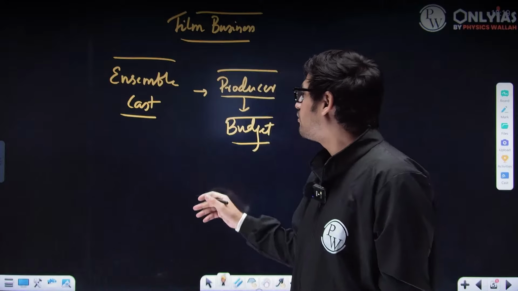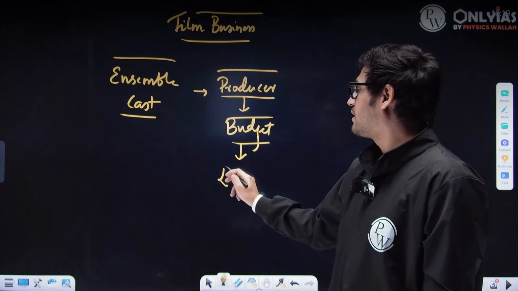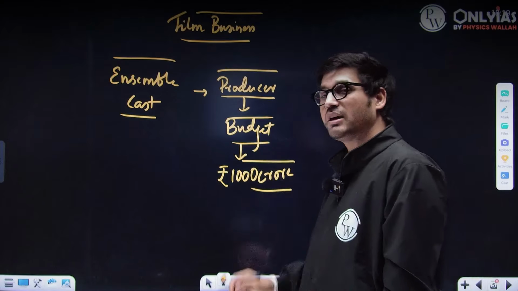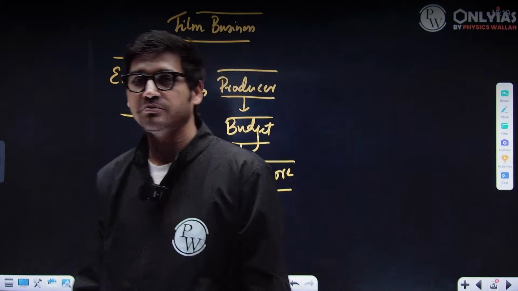Think of a scenario where the producer has a budget of 1,000 crore rupees, which is an insanely high budget. It's a very, very high budget for a movie.